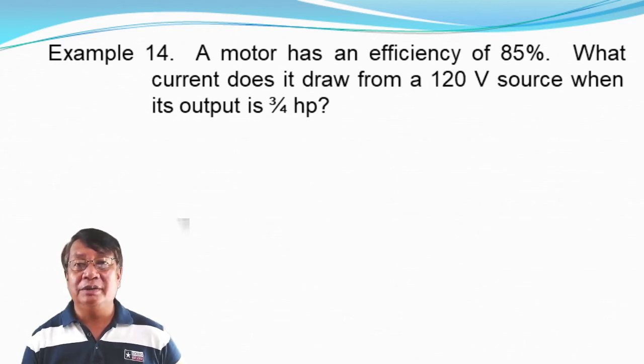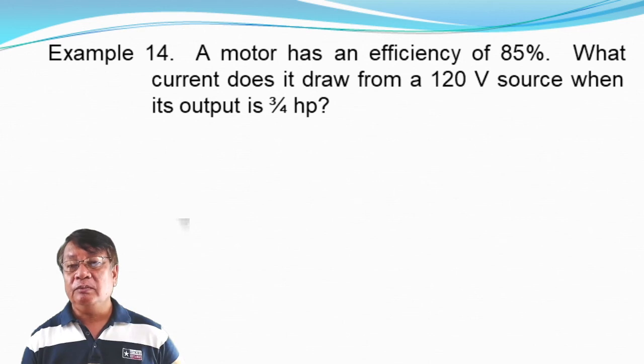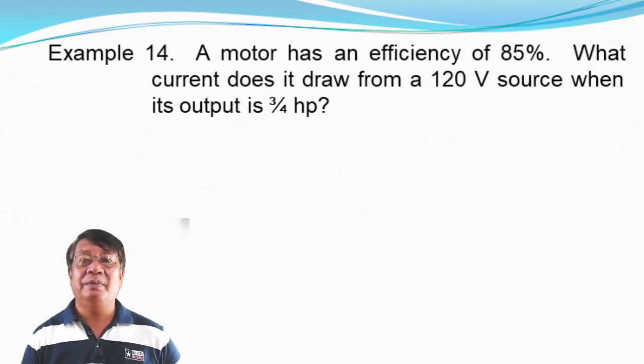The terminal voltage is a 120 volt source, that is the voltage source. Then the output of our motor is 3/4 horsepower. So our problem here is what is the current?